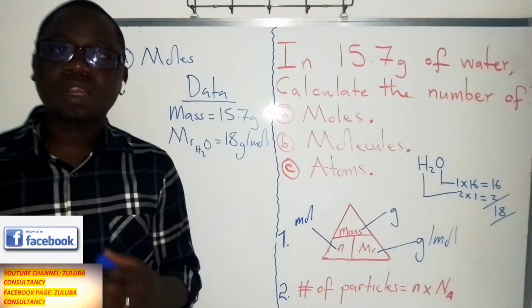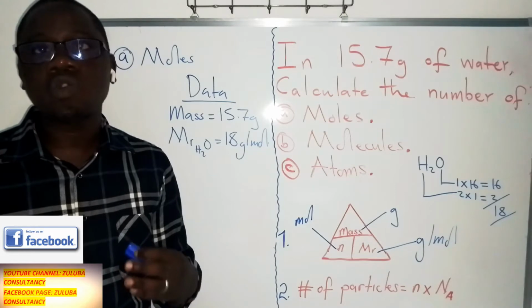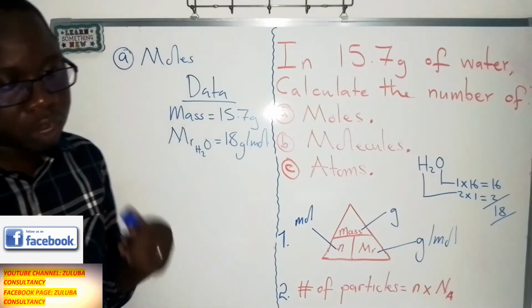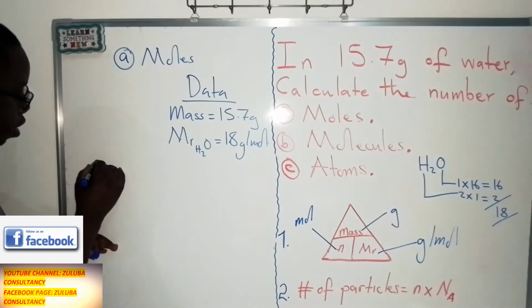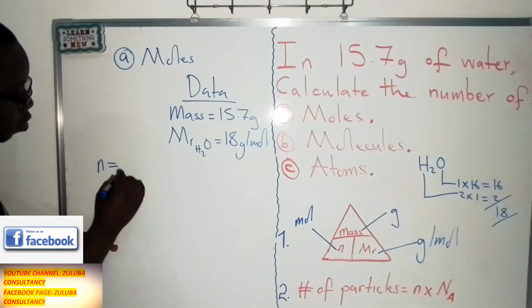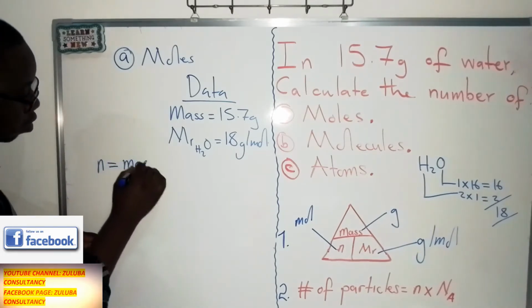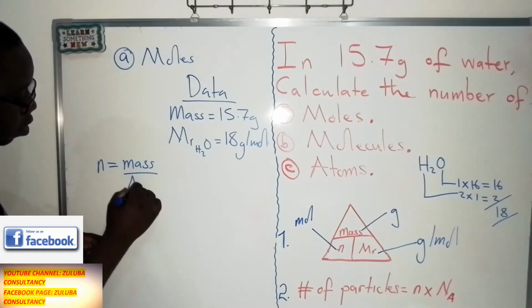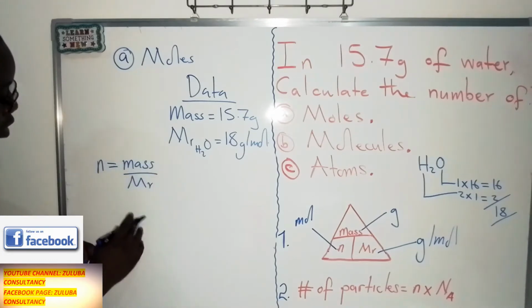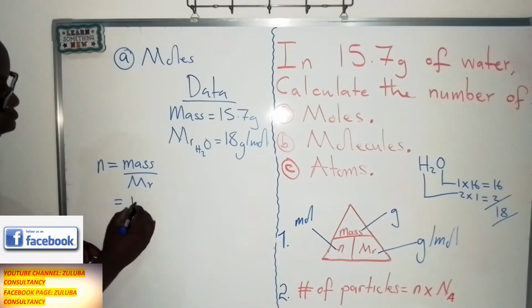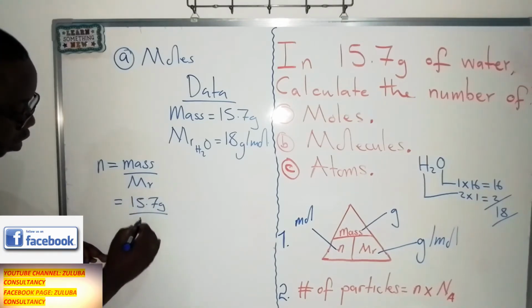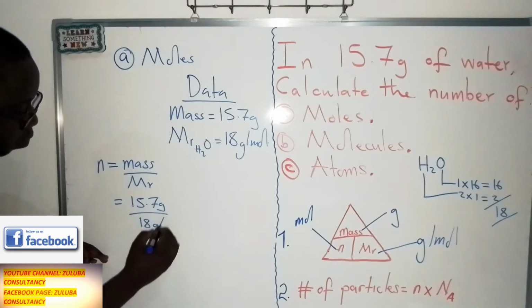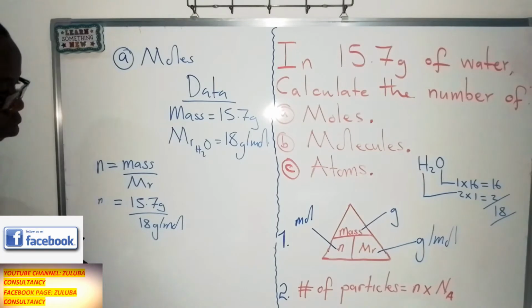Now, if you have that as the molar mass, we can use the formula to calculate the number of moles. So the formula is number of moles is equal to mass divided by molar mass. So the mass is 15.7 grams. Then the molar mass is 18 grams per mole. This gives us the number of moles.